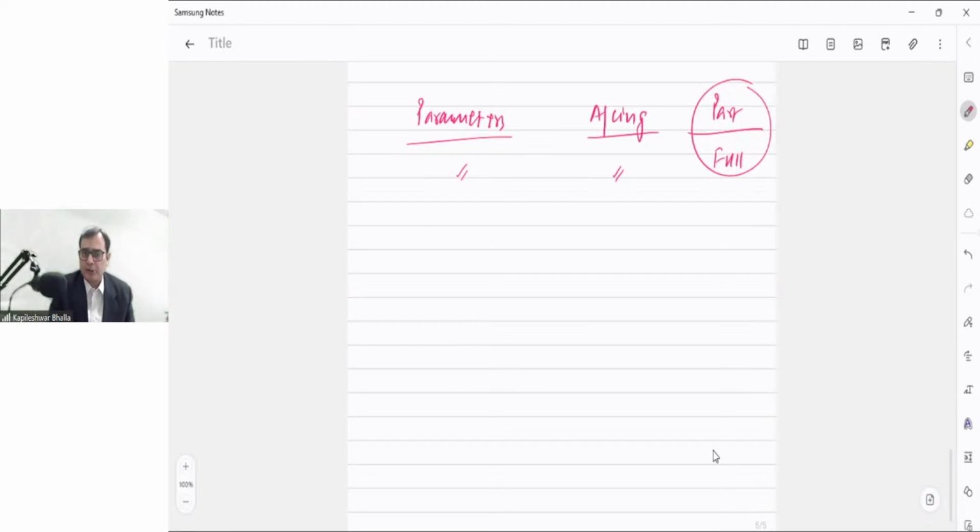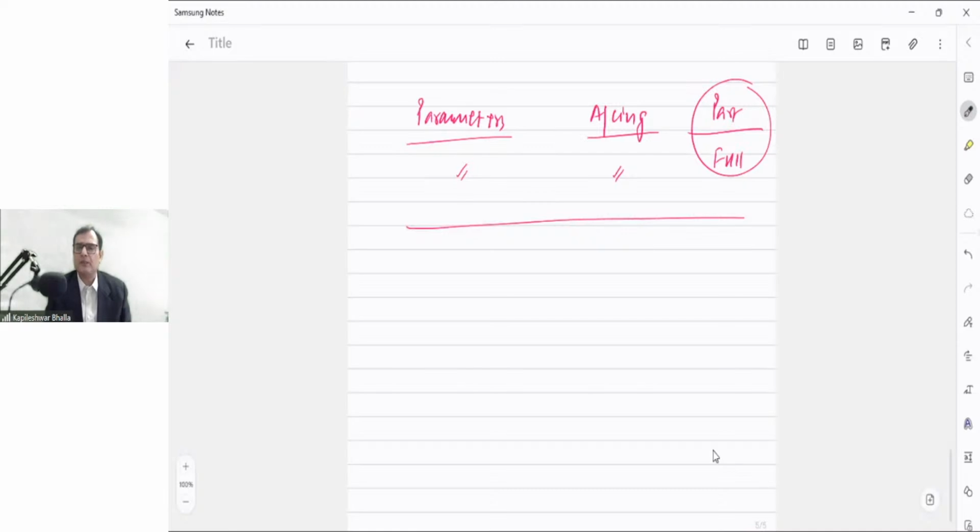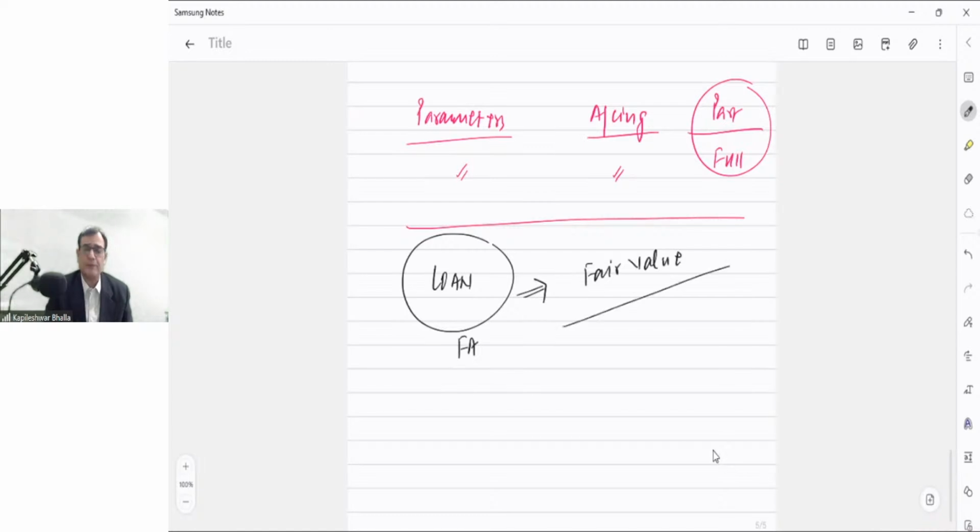Well, just imagine you're looking at, for example, a loan receivable in the books of accounts. Hear this very carefully. It's a very simple concept. So it is a financial asset to me. Can I say this loan is being recognized at fair value in the books of accounts? And what is that fair value?